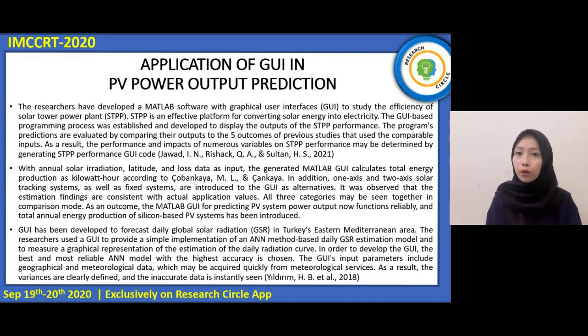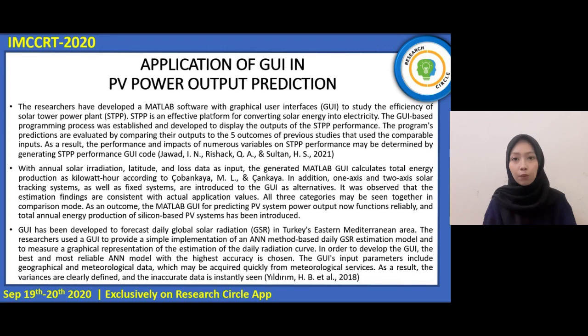The GUI-based program process was established and developed to display the output of the STPP performance.